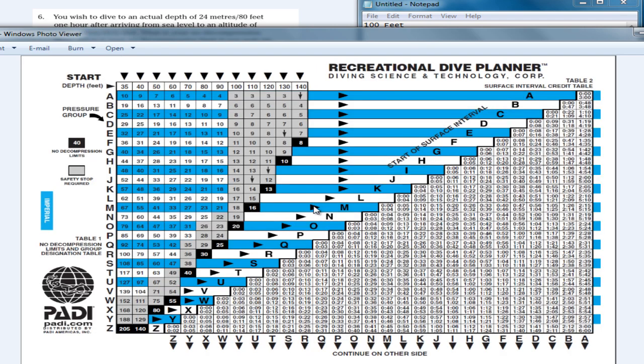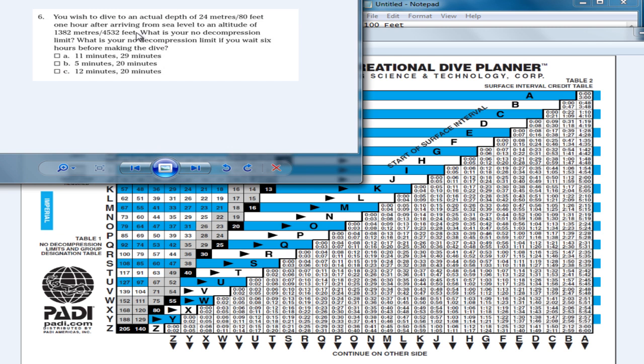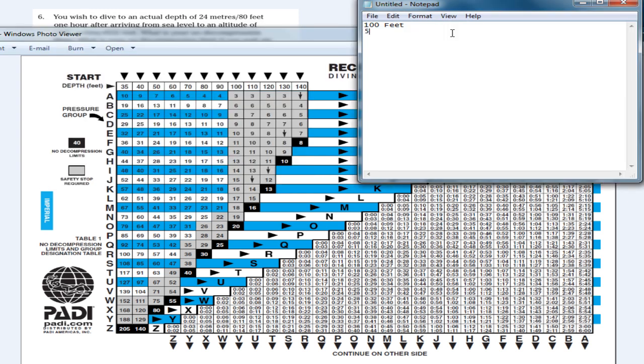Then the second piece is, as I stated, if you plan to dive less than 6 hours, you need to determine the amount of excess nitrogen you have to account for. This is 1 hour after landing, so there is going to be some nitrogen that we need to account for. To find out which pressure group you are in, we said this was 5,000 feet.